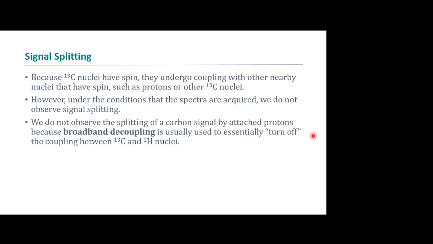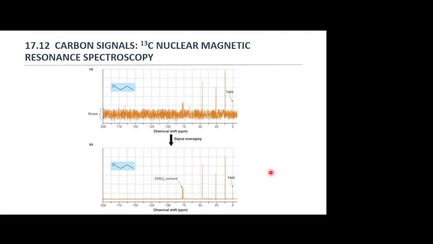So the H's are spin-spin coupling with those carbons. Okay? But because carbons have a lot of hydrogens on them, if we were to look at a spectra with the hydrogens causing splitting, it's going to cause a lot of mess. And so oftentimes we essentially do an operation that's going to remove that spin-spin coupling for the hydrogen portion. Okay?